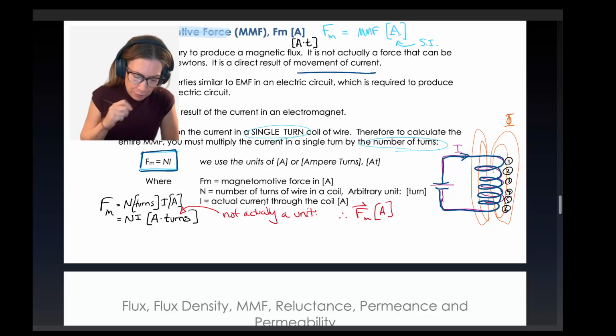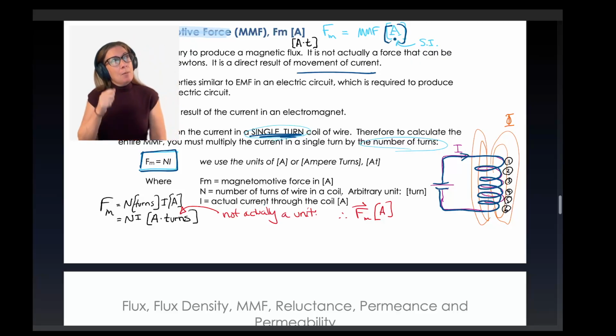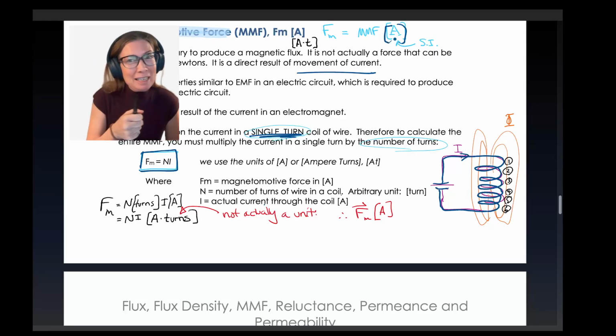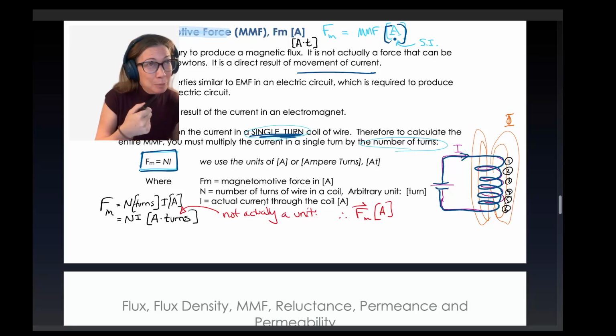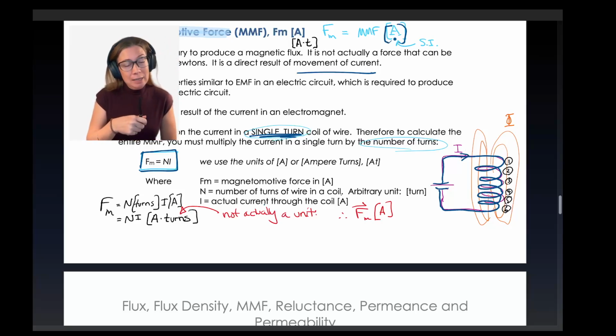MMF is based on the current in a single turn of wire, measured in amps per turn. So it's the force caused by the current per turn. In order to find the force for the entire circuit, we have to multiply by the number of turns.